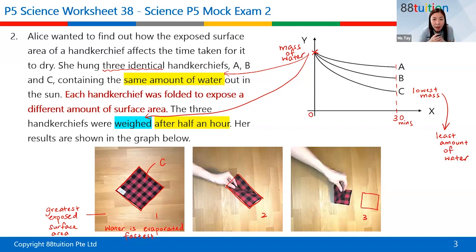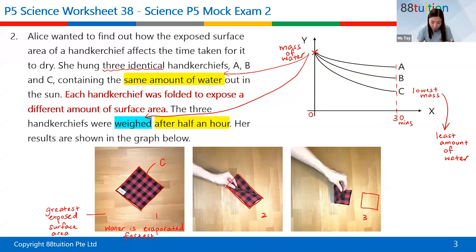Clear? Okay, I'm explaining this in detail because we had students who could not understand this part. Just in case some of you are not telling me you don't understand, I'm going to explain in detail. So greatest exposed surface area, water evaporates the fastest. So at any point in time, it will have lesser water compared to the other two handkerchiefs.